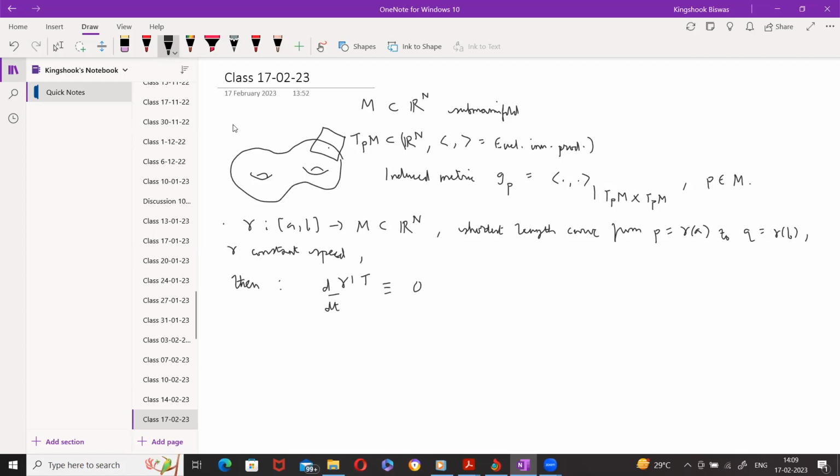And so this suggests a covariant derivative along curves of vector fields tangent to M along curves. Capital D V dt is the tangential component of the usual derivative dV/dt, and this suggests a connection on the tangent bundle.